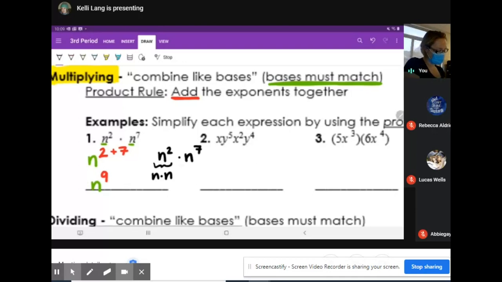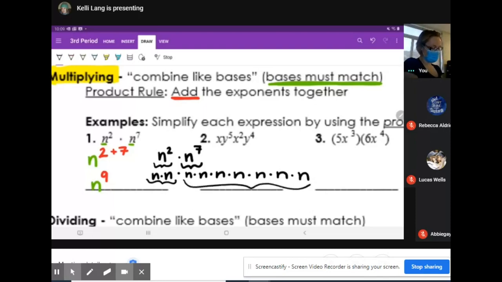Well, n to the 7th is similar. That just tells us to multiply n together 7 times. So I'd have 7 more n's. Well, now look, if I multiply this times this, all I'm really looking at is 9 n's all multiplied together.